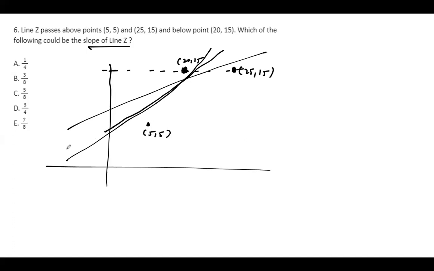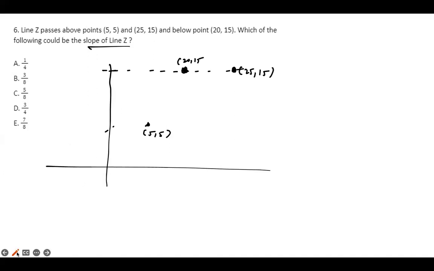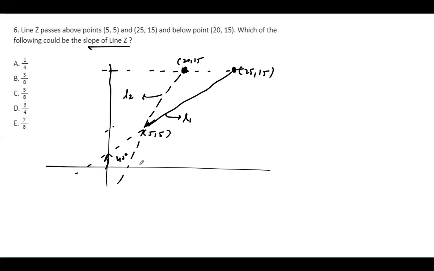Is this point clear? Yes. Above these 2 points and below this point. Correct? Now listen to the logic. Let's say this line is L1. This makes an angle of, let's say, 40 degrees. Let's say this line is L2. This makes an angle of 60 degrees.